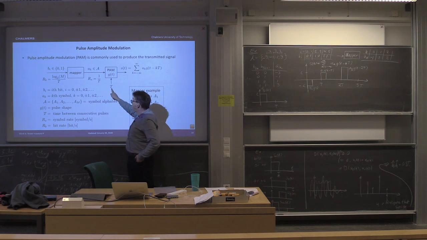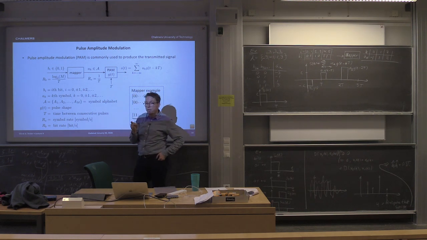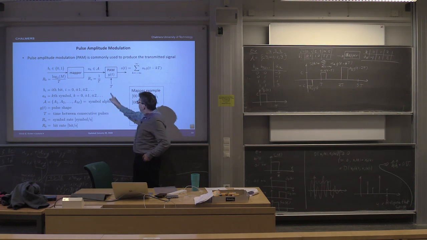How many symbols per second do we transmit? Well, we transmit one pulse, that is one symbol, every T seconds.